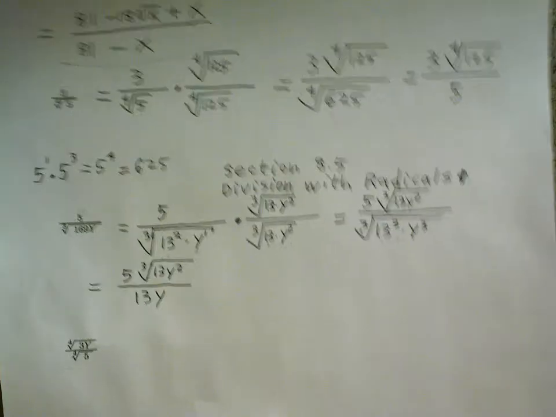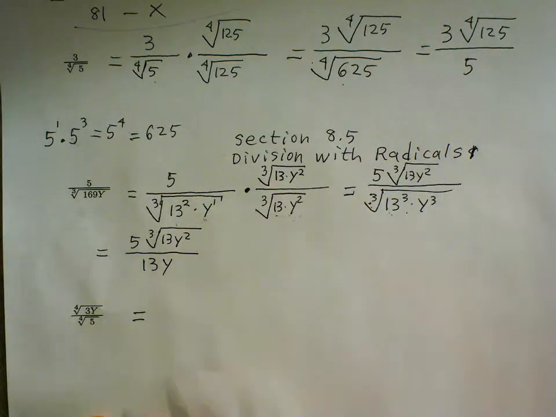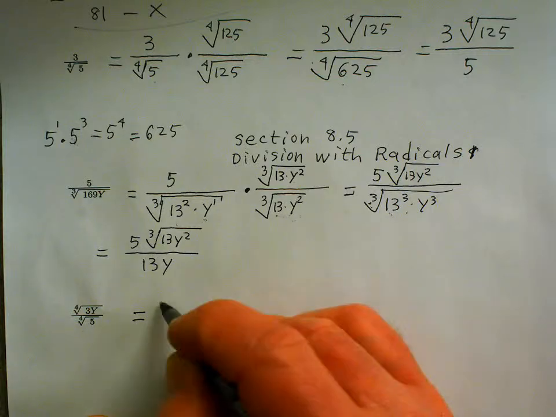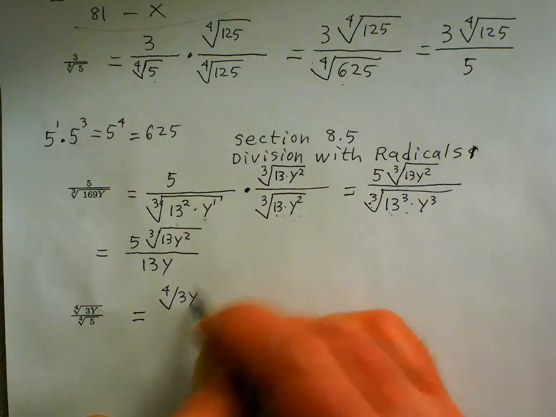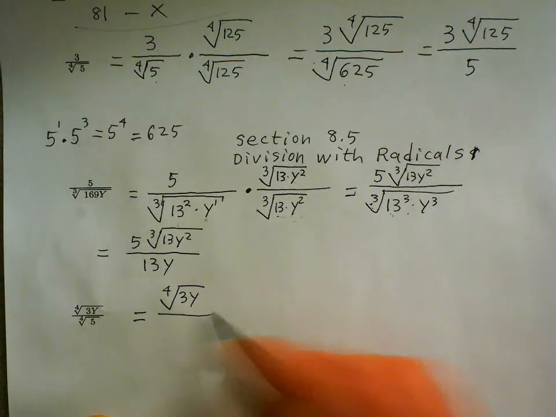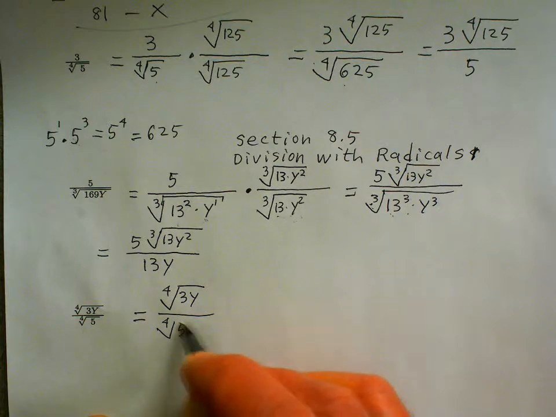Okay, let's try the next one. In this one, we have the fourth root of 3y divided by the fourth root of 5. So we want an expression that is equivalent to this one, but without the fourth root in the denominator. So what form should 1 take when we multiply the fourth root of 3y divided by the fourth root of 5?